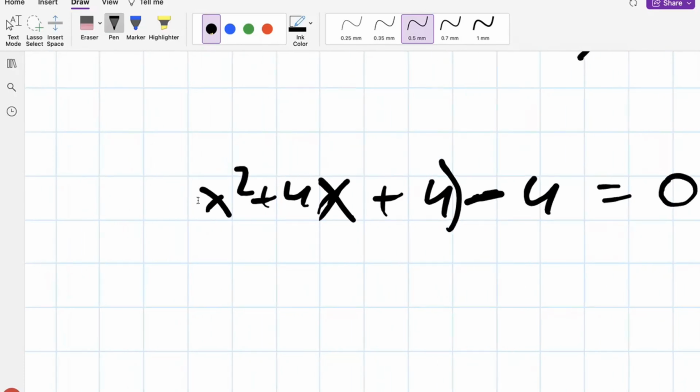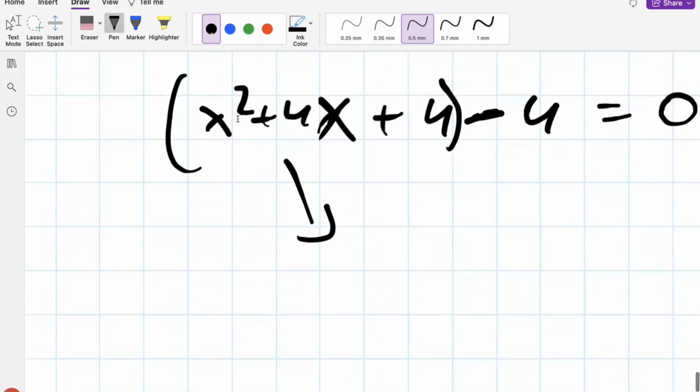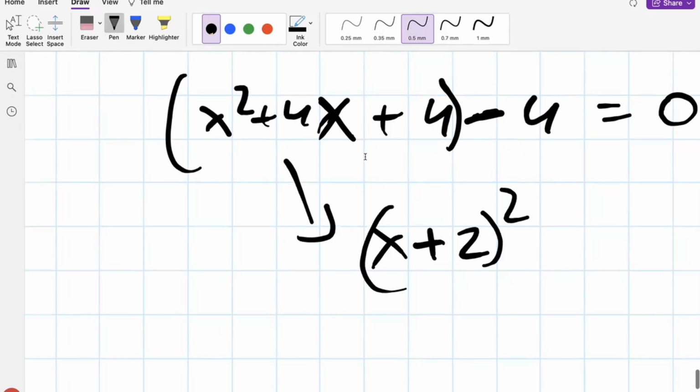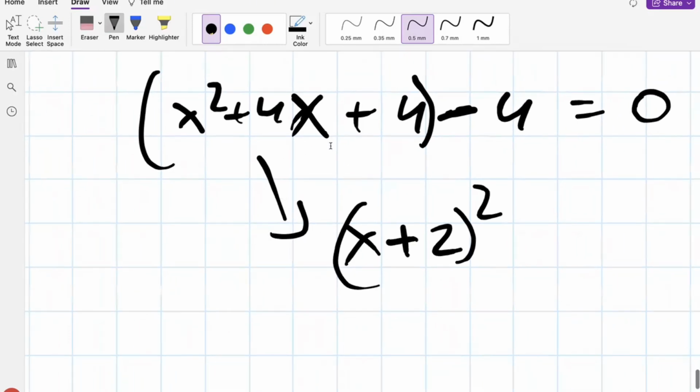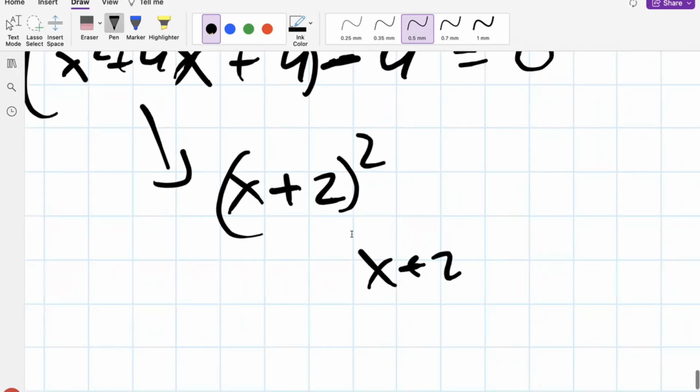And then from this, we have to transform it. And actually this is the same as x plus 2 squared. Okay, if you have doubt, x plus 2 squared is the same as x plus 2 multiplied by x plus 2.